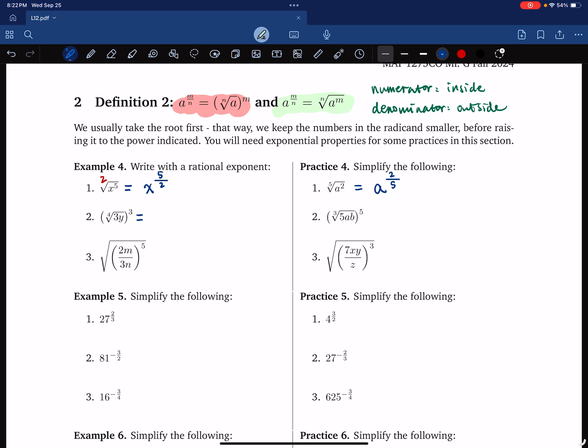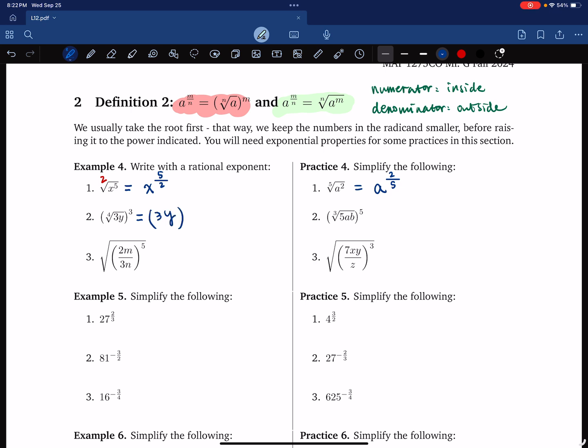Number 2. Whatever's inside the radical sign is the base. So in this case, it's 3y. This one you will use the first definition that I have right here. So in this case, your base will be 3y.